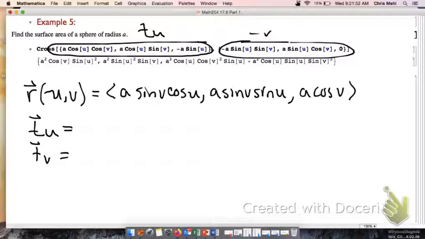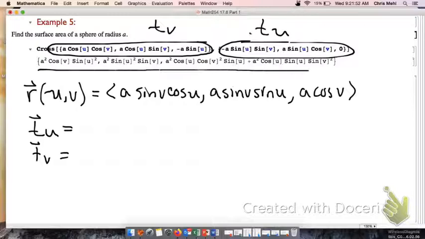I think I do have this in the other direction. And it doesn't matter because you're going to take the magnitude of this anyways, so it doesn't matter if you do Tu cross Tv or Tv cross Tu, because they're just negatives of each other. So that's actually Tv and that's Tu.